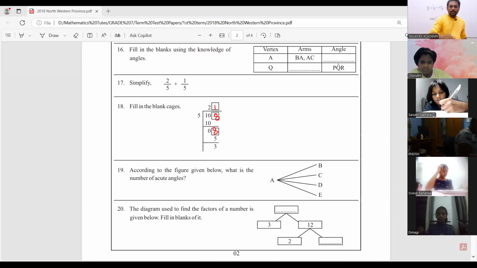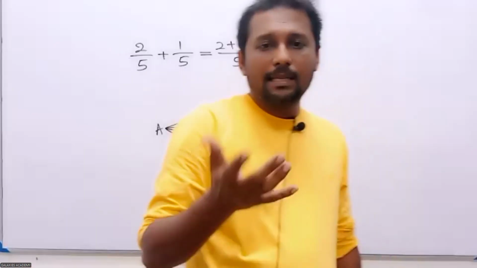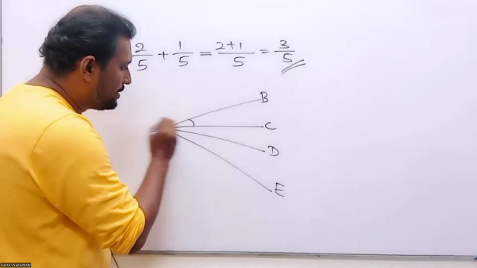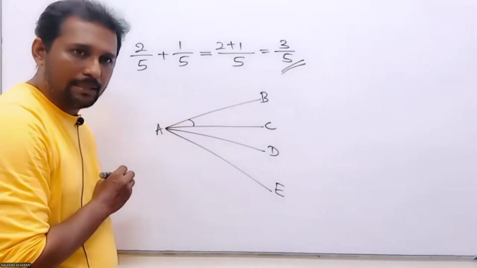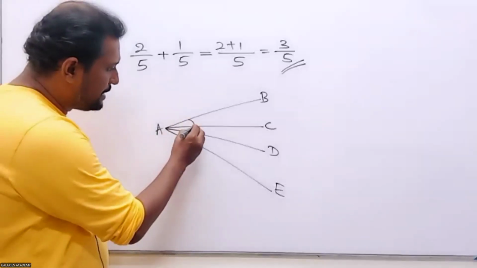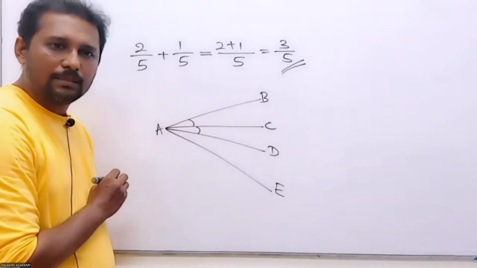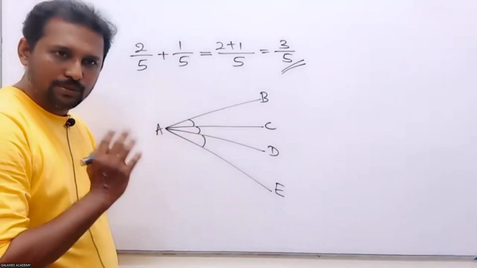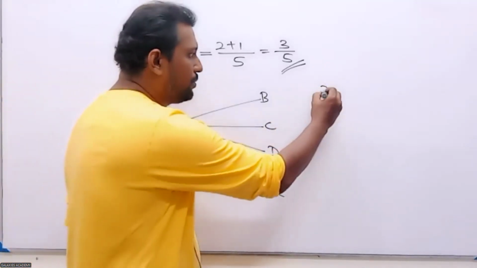Acute angles mean less than 90 degrees. Look at this angle. It is an acute angle. 1. This one, another acute angle. 2. This one, another acute angle. 3. So how many now?